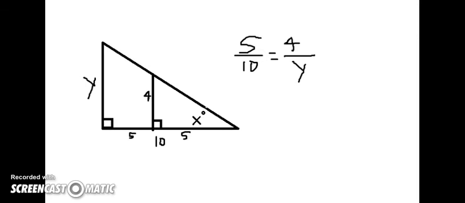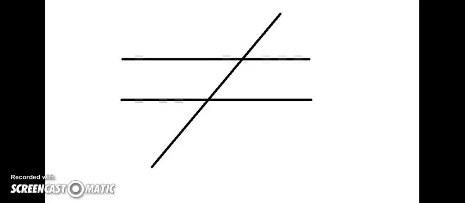So that's similar triangles. Now there's one other thing I wanted to show you, and it has to do with angles. First of all, they'll tell you that this line and this line are parallel. I tried to draw them as parallel as I could so that it looks right, but they'll tell you those are parallel.